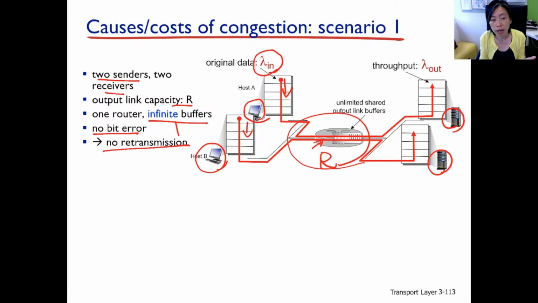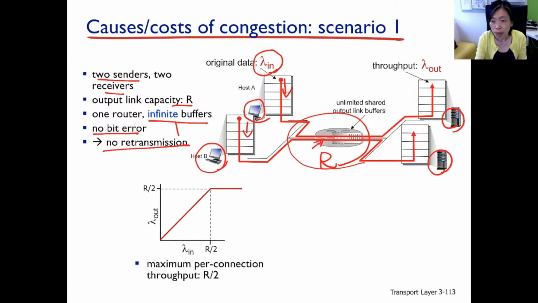Host A and host B are raising the rate as time goes. Let's use lambda out to denote the amount of data that arrives at the receiver. Now, when lambda in is really low, starting from here, when we increase lambda in, the more data we send in here, the more data comes out here.